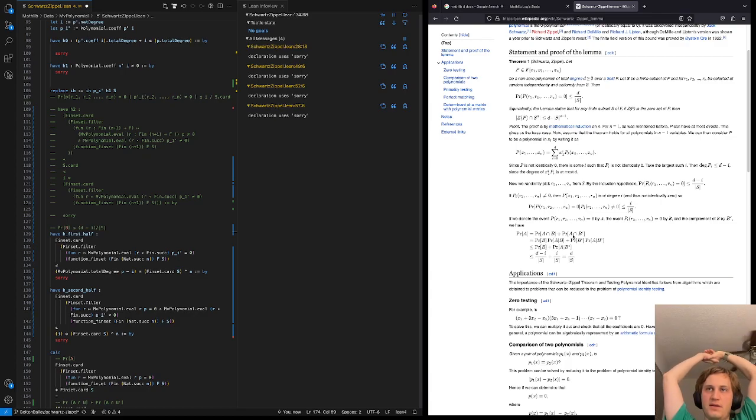If PI is not equal to 0, then Px1 through R1 is of degree I, and thus not exactly 0, so the probability that P equals 0 given that is at most I over S.